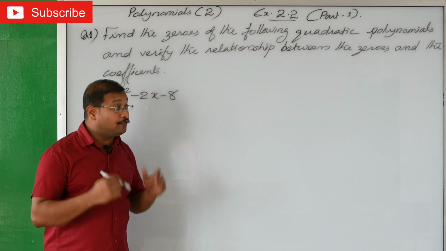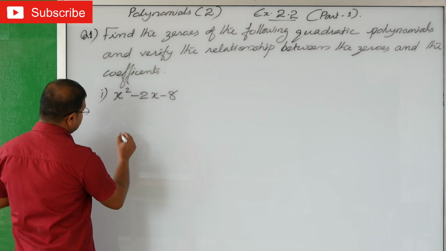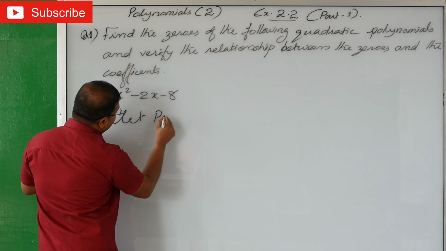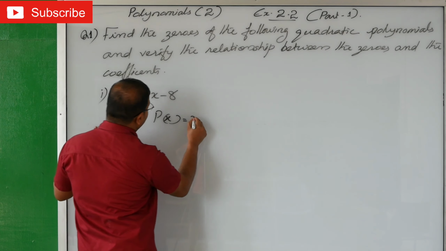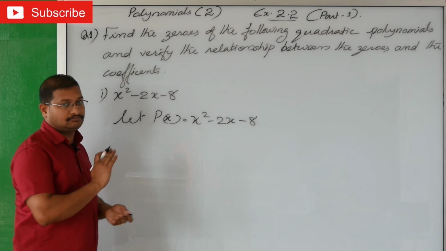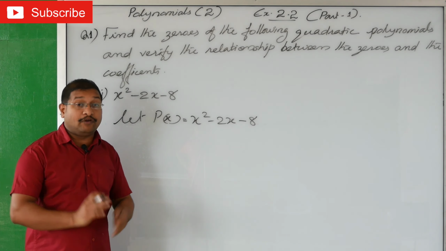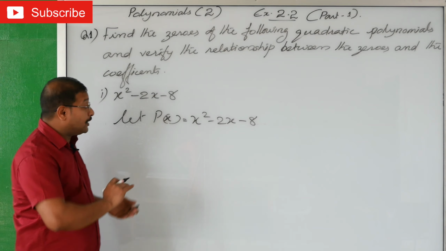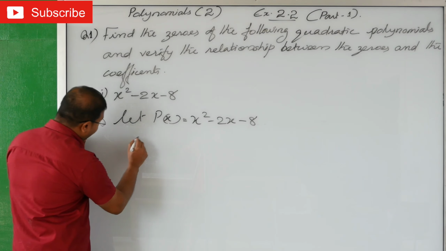So what you'll write? First we'll write let p of x equal, that means the polynomial is x square minus 2x minus 8. After that we want to find out the zeros.